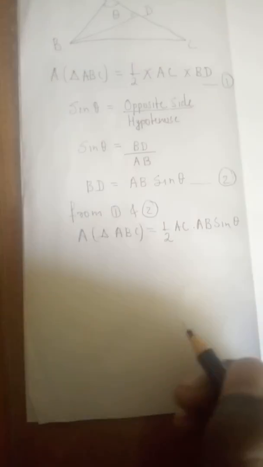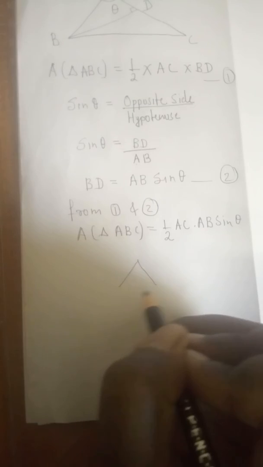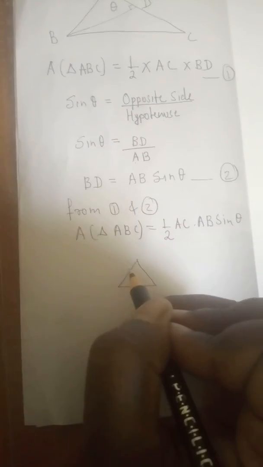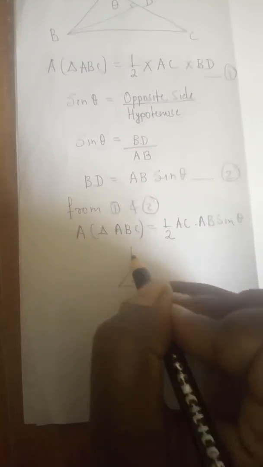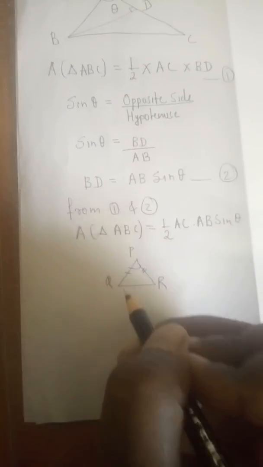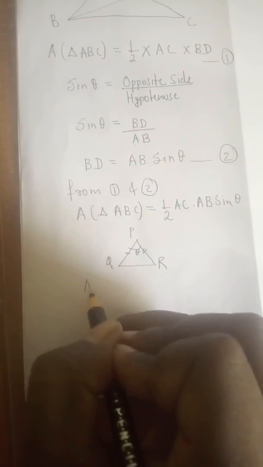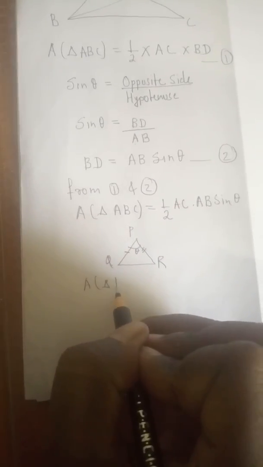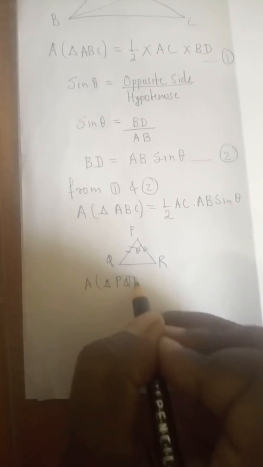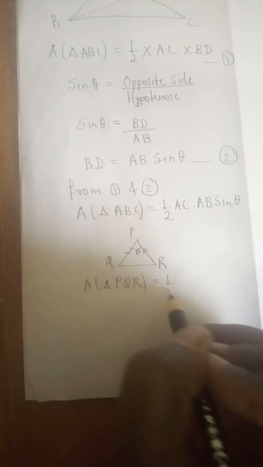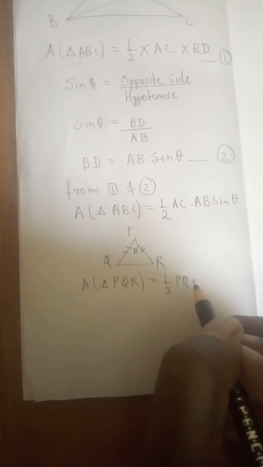That means in any triangle, let's take this as PQR, when the two sides PQ and PR are given, and this theta is already given, the area of triangle PQR will be half PQ into PR sine theta.